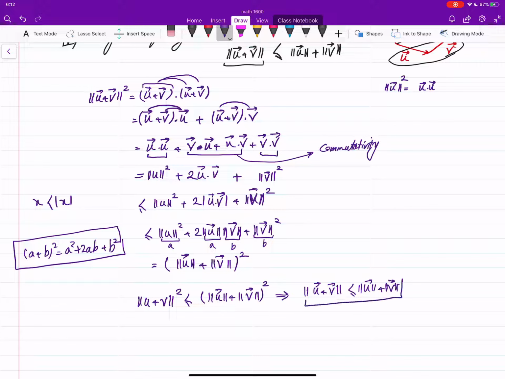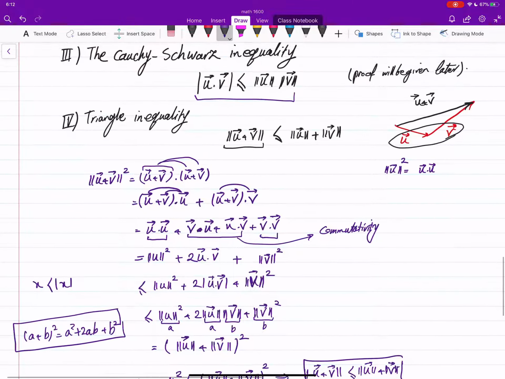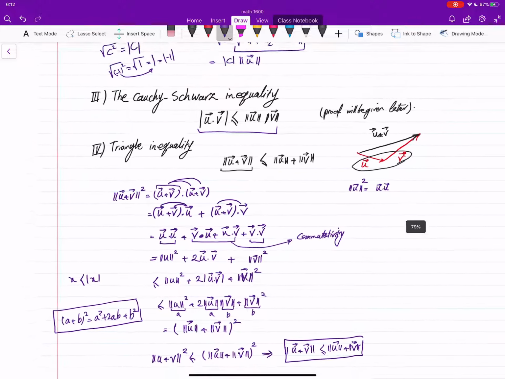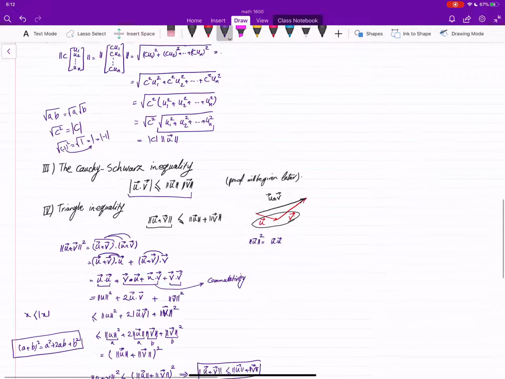And that is how we prove the triangle inequality.